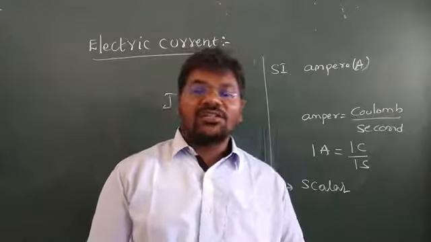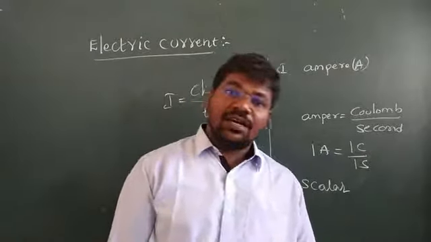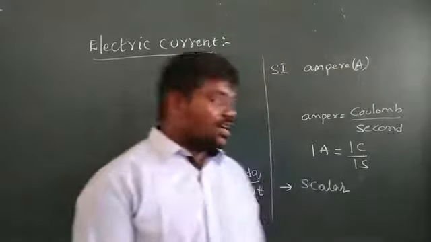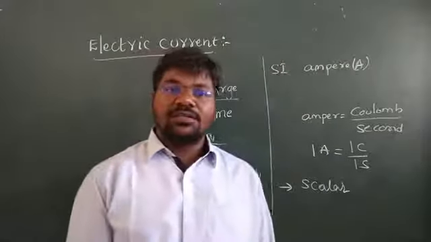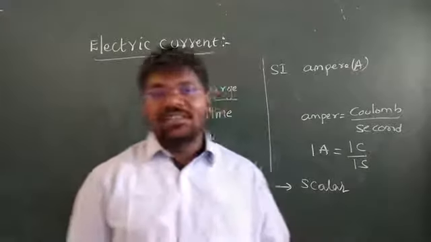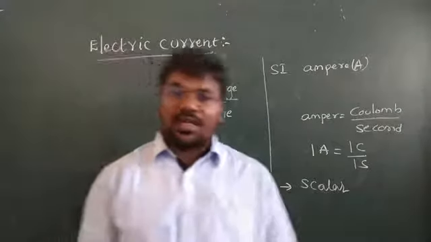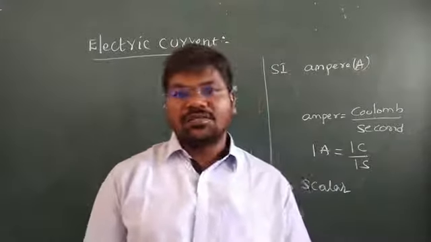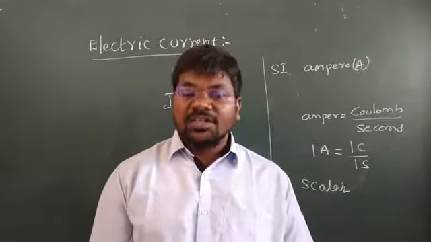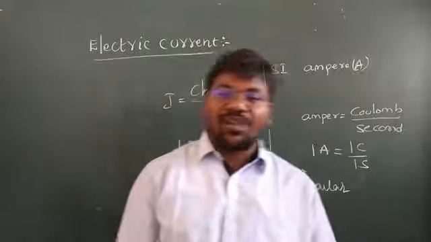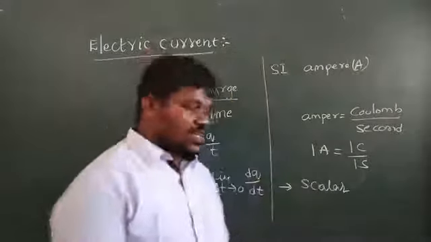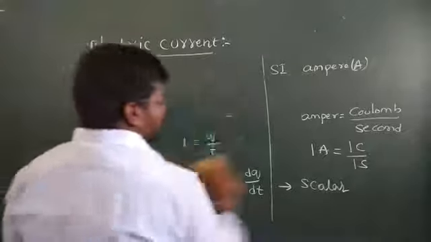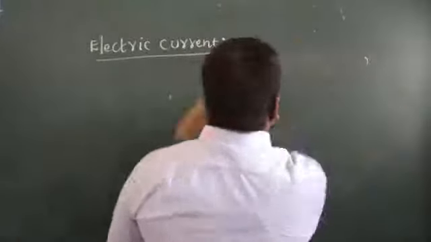Here, current has direction, but it is not a vector quantity because current does not obey the vector law of addition. If it obeyed the vector law of addition, we could say current is a vector quantity.